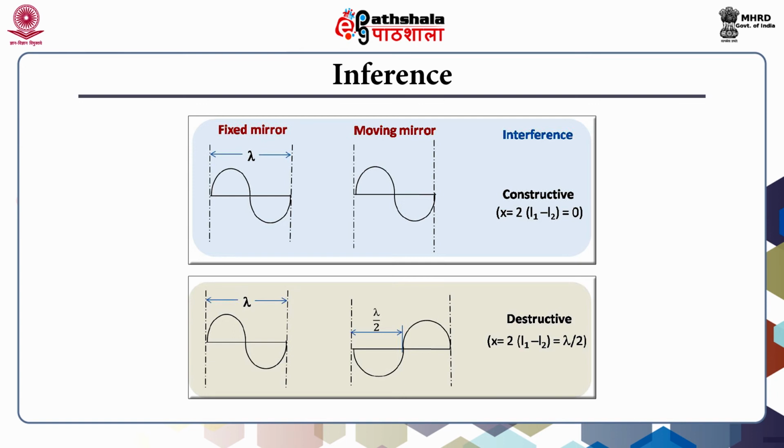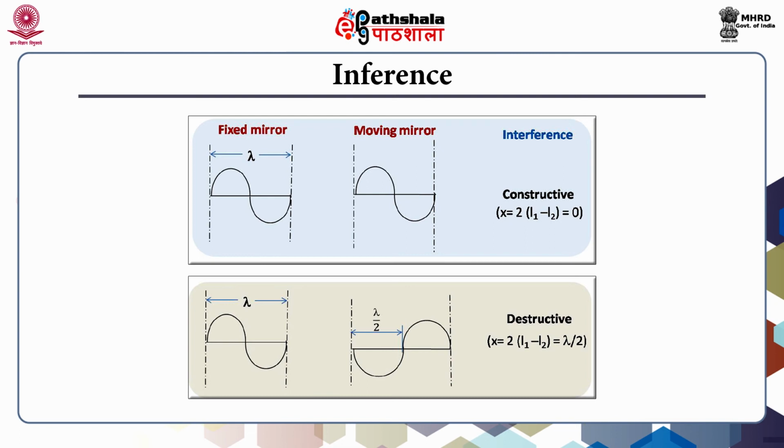In case 2, if the wavelength of radiation is lambda and the moving mirror is displaced by lambda by 4, that is 1/4 of the wavelength, then the path length difference will be lambda by 2, that is half of the wavelength, and the two beams will be out of phase, and the interference is called destructive interference.